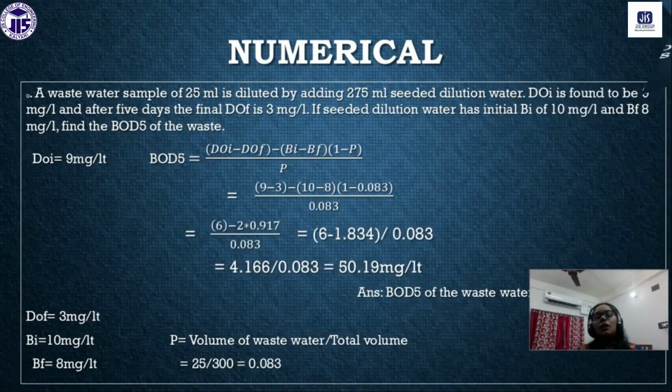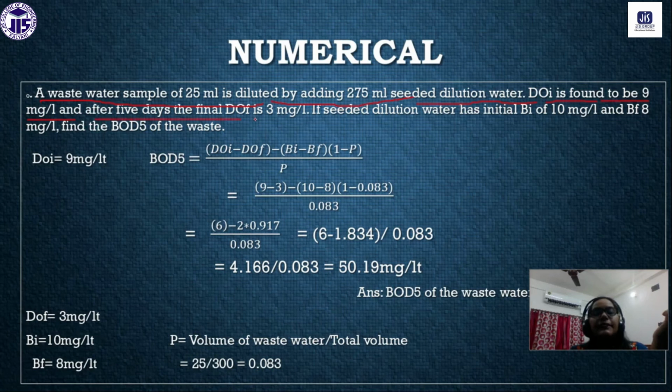Okay, now let's start the numerical. Look here, the question is: a wastewater sample of 25 ml is diluted by adding 275 ml of seeded dilution water. The initial DO is 9 milligram per liter.